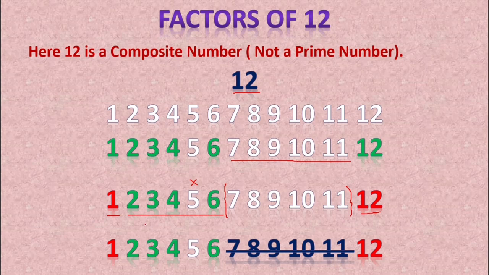The takeaway is that I can iterate my steps beginning with 2, because 1 is a default factor, and go on up to n by 2. And finally, if I print n, then they are all the factors.